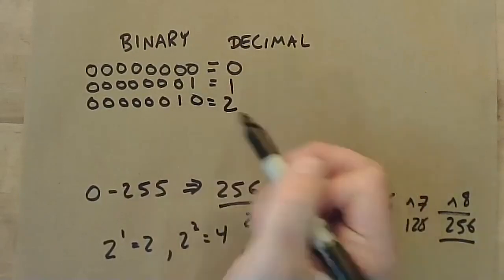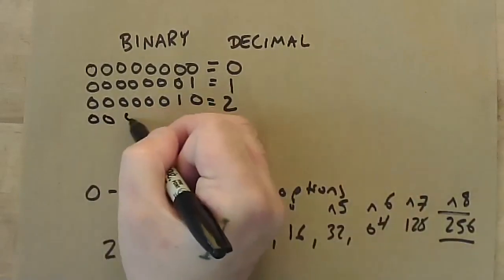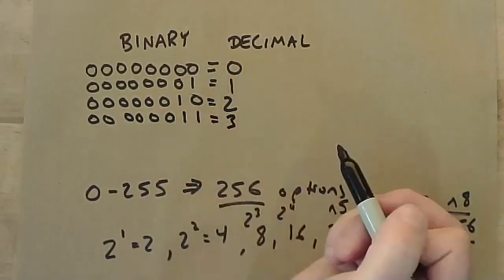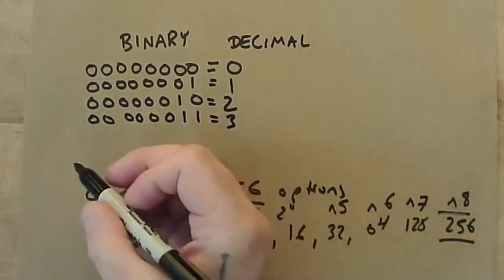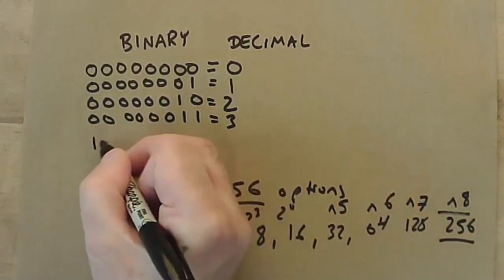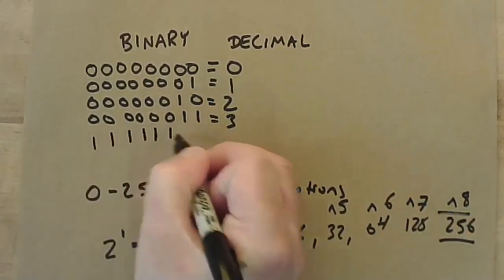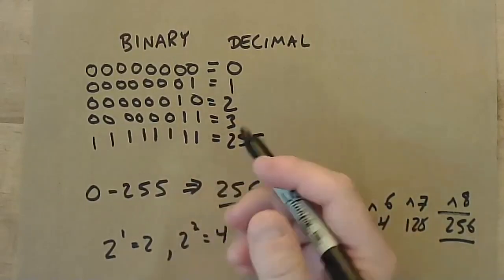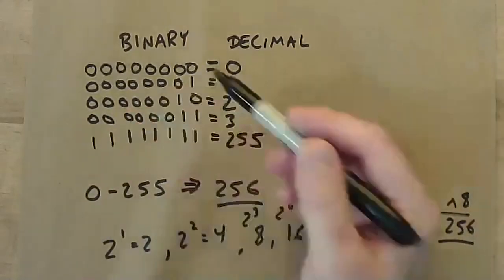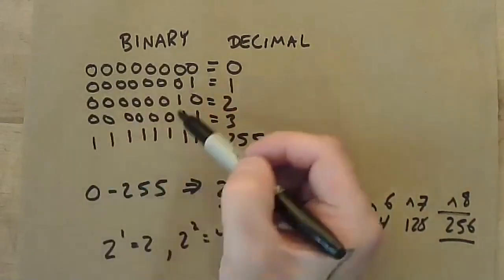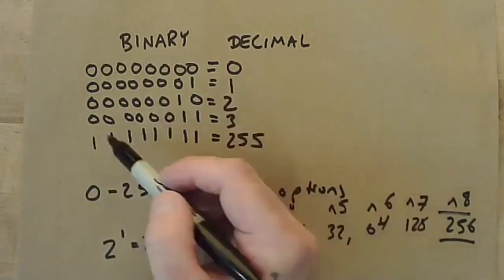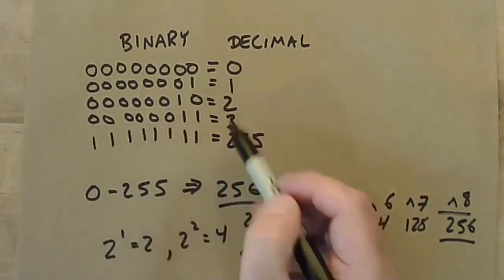Is 2. And we're going to go through all of them up to 256. No, we're not. That would be madness. But then we'll skip a few. So by representing our numbers in ones or zeros, if we have 8 binary digits, we can get anywhere from 0 to 255.